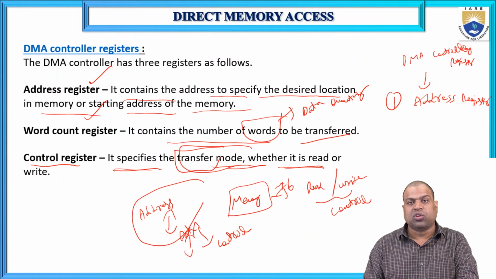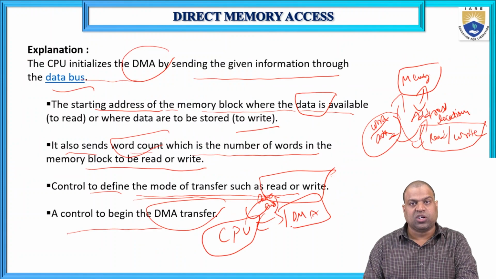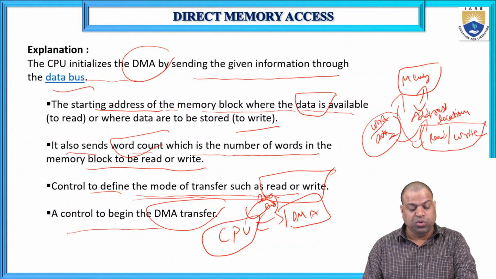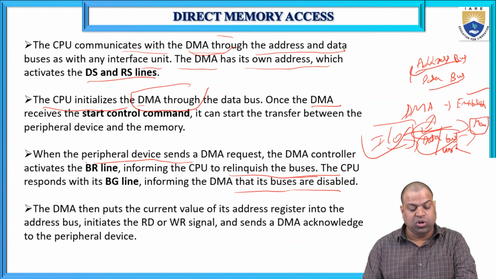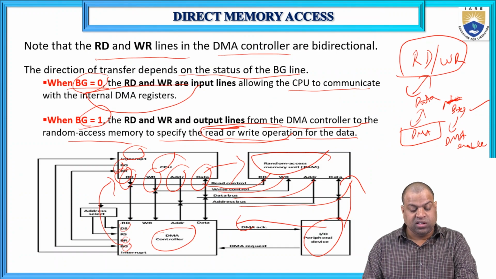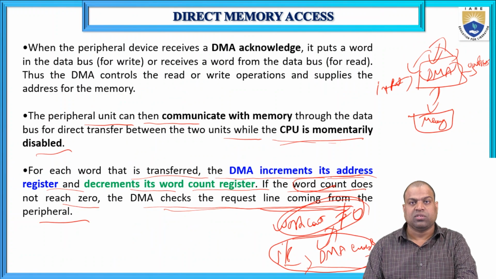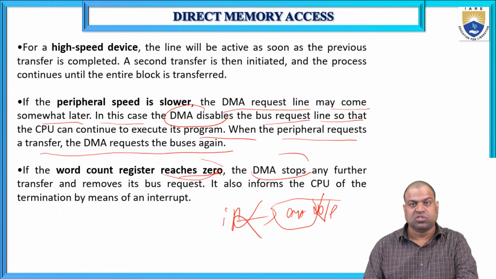It is a DMA controller with 3 registers: address register, word count, and control register. It also covers the operation of the CPU with DMA enabled, and the read and write operation of the DMA with bus grant equal to 0 and bus grant equal to 1, and the DMA acknowledgement when the word count is 0 or non-zero.